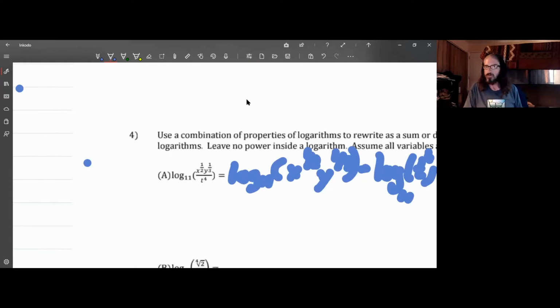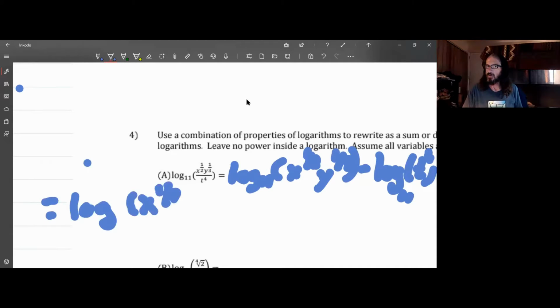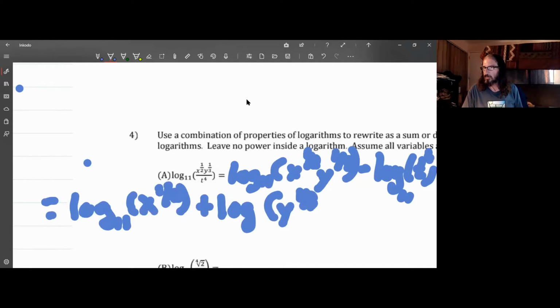But first, I'm going to split up the multiplication as a sum of logarithms. So log of x to the 1/2 in base 11 plus the log of y to the 1/3 in base 11 and minus the log of t to the 4th in base 11.